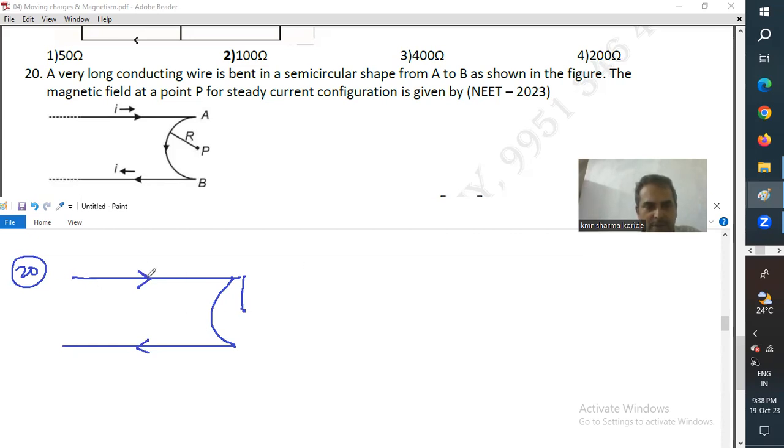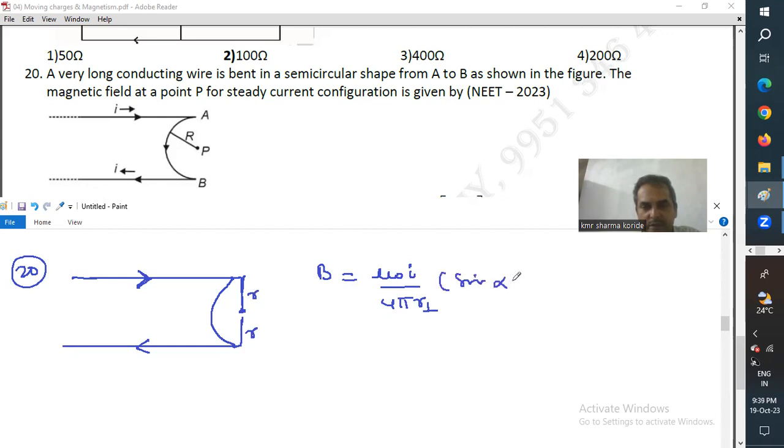To determine the magnetic field at a given point due to an infinite conductor, there is a formula. R perpendicular means perpendicular to the straight conductor. So this is a perpendicular distance, and the radius of the semicircular coil will be the perpendicular distance.